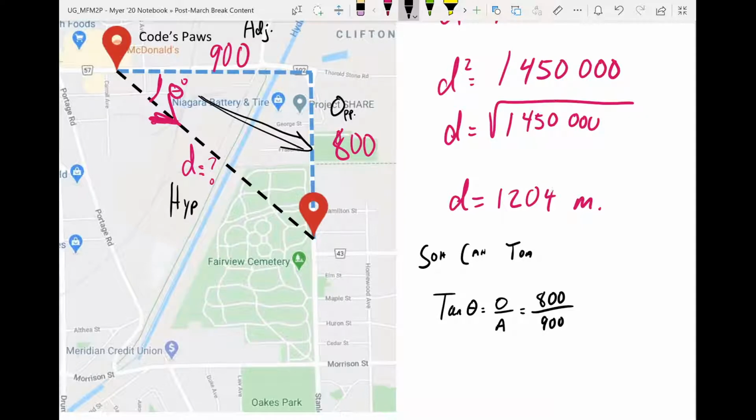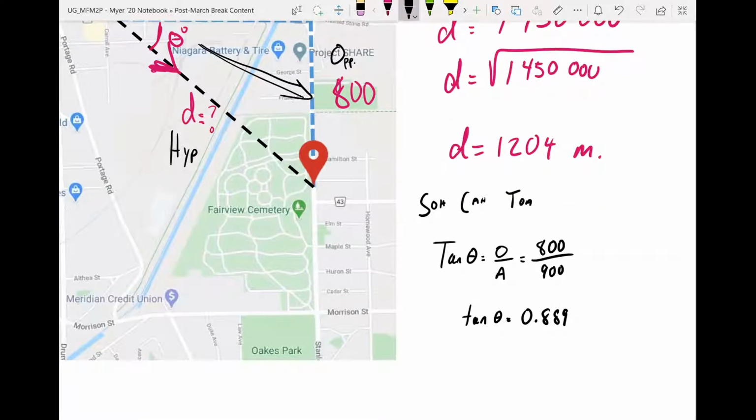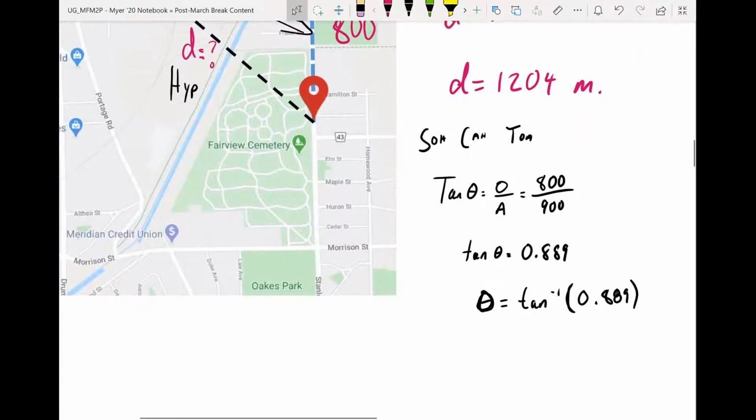When we do that, we get a value which is a decimal. It looks like this, 0.889. I'm going to round off there. Then I need to know what theta is equal to, though. So I have to do this thing on my calculator, the one with the -1, because that number is just a ratio.